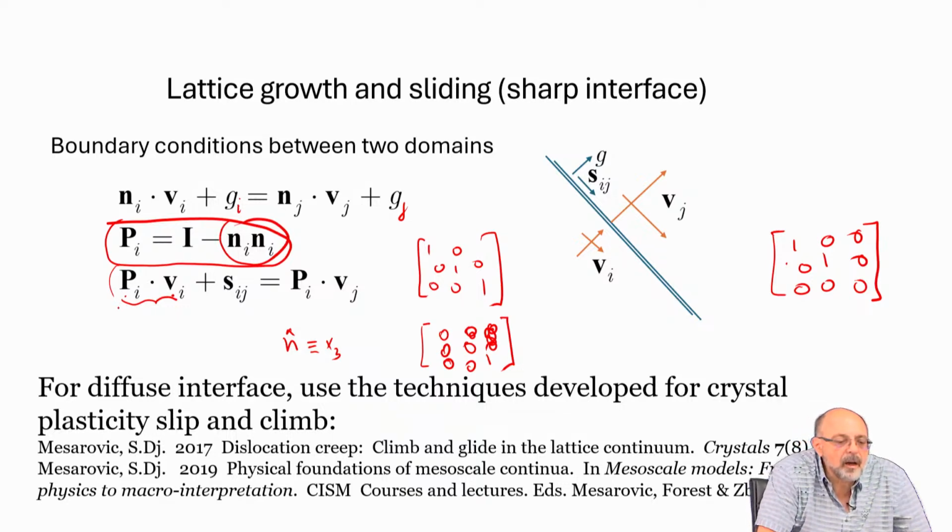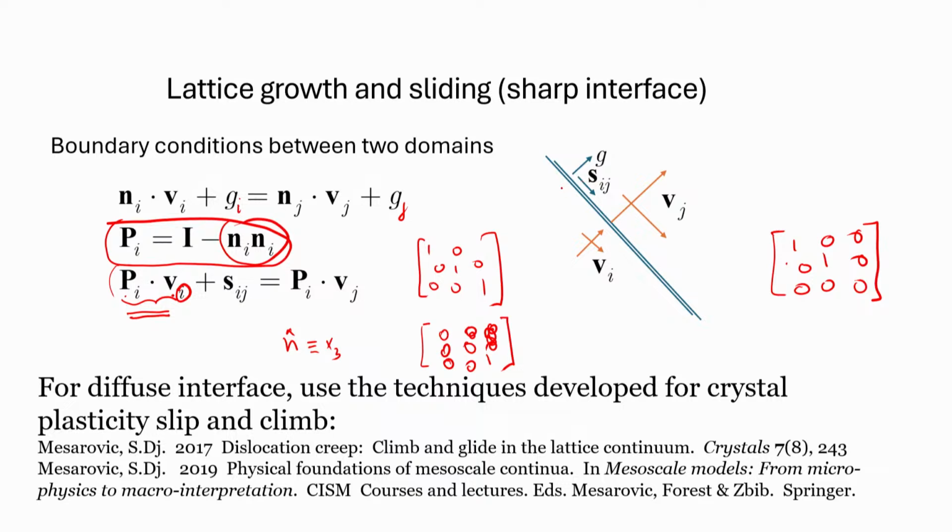So the tangential velocity of grain I plus slip between grains I and j is equal to the tangential velocity of grain j. And this S could really be anywhere in the plane.